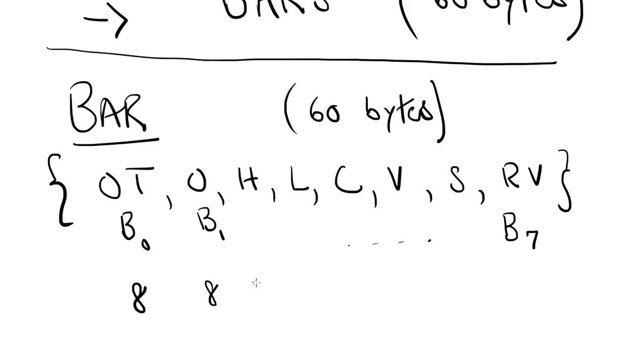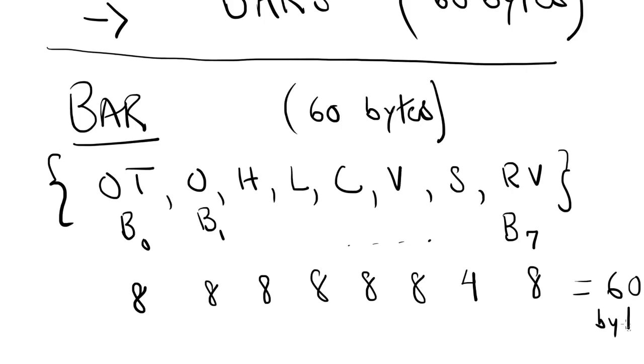The open price is a double, high is a double, low is a double, close is a double, and volume is also a double. Spread is a 4-byte integer, and real volume is also a double. So that is 8, 16, 24, 32, 40, 48, 52, 60 in total. That's how the 60-byte array is structured.